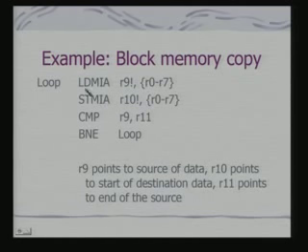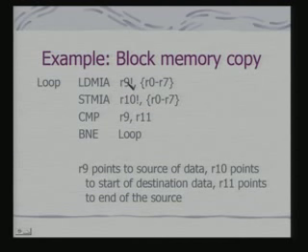So, effectively these two instructions are doing block memory copy. If you look into it, what am I copying? A set of memory locations starting from one base address to another base address, because I have got the source in R9 and destination base in R10.